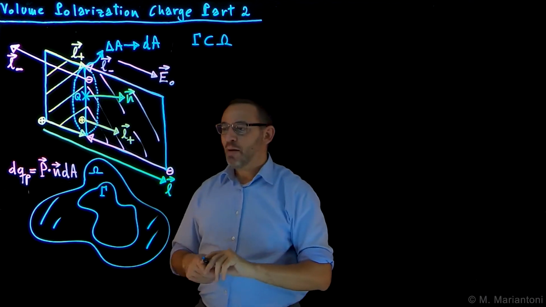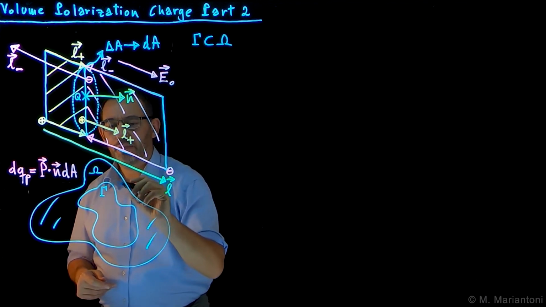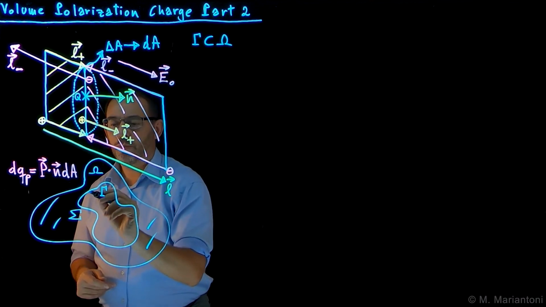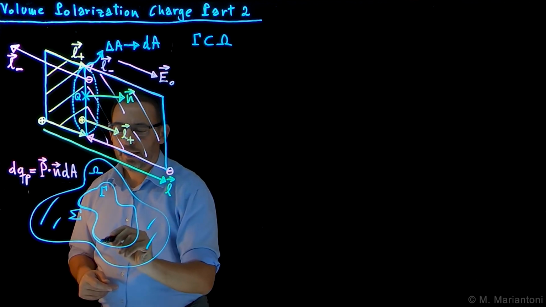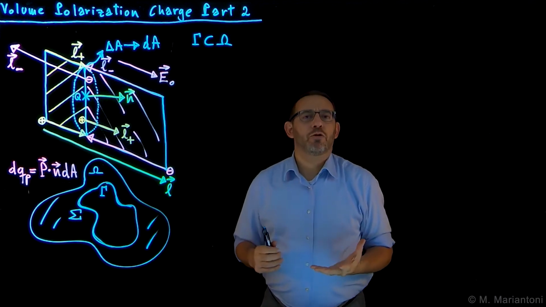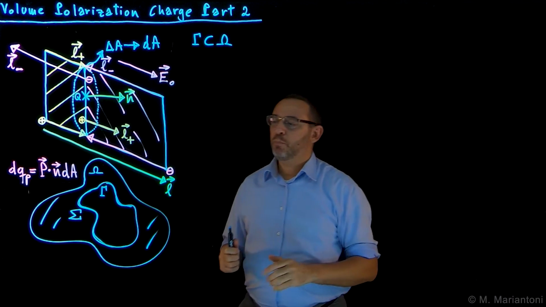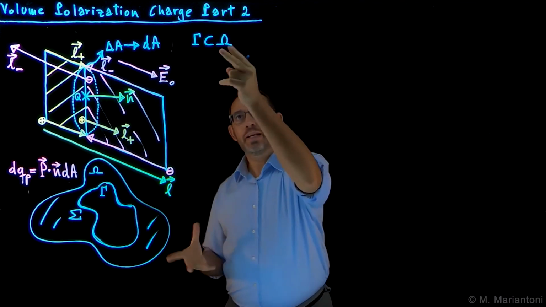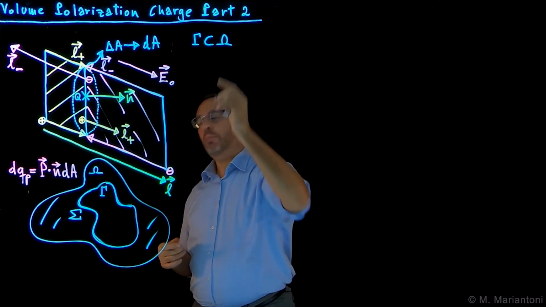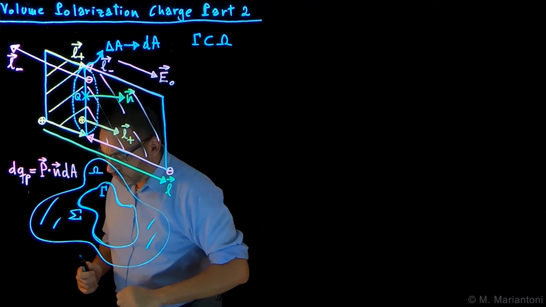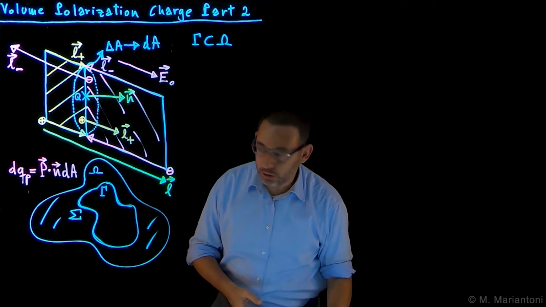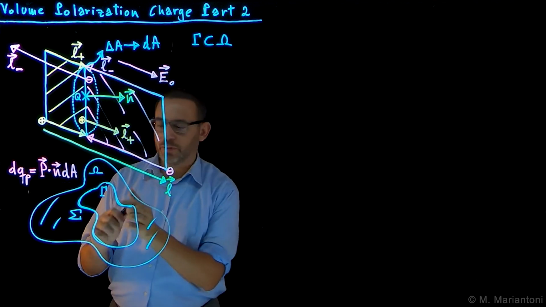So there is material everywhere. So this capital gamma is characterized by a surface capital sigma, which is the boundary between capital gamma and capital omega, is this surface here, is my capital sigma, all right? It's nothing but a geometric construction, and we will see why I need it, but it's just representing an inner region within capital omega, so it's smaller than capital omega. Great. It is worth defining a normal unit vector, as always, associated with the surface capital sigma.